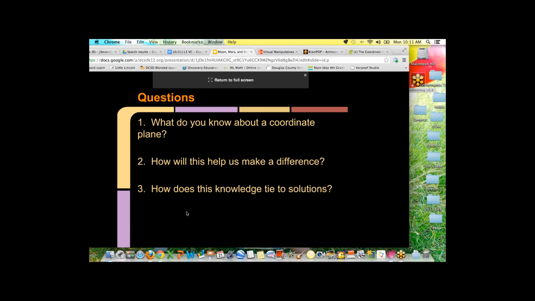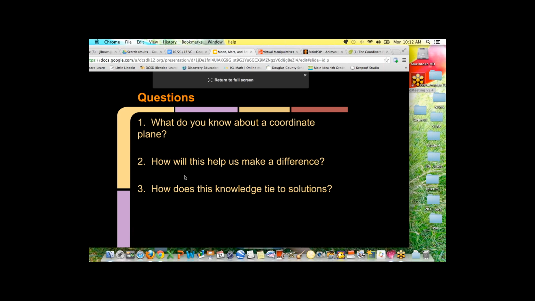Okay, perfect. All right. And then, how will this help us make a difference? If we're able to graph points on a graph, and navigate through space, how will this help us make a difference? It will make it easier and faster for us to find our way. Absolutely. It's going to make it a lot easier and a lot faster for us to find our way while we're navigating through space.